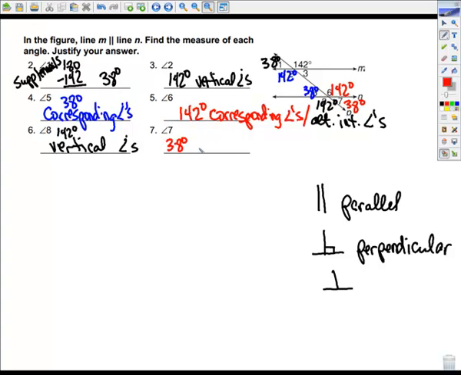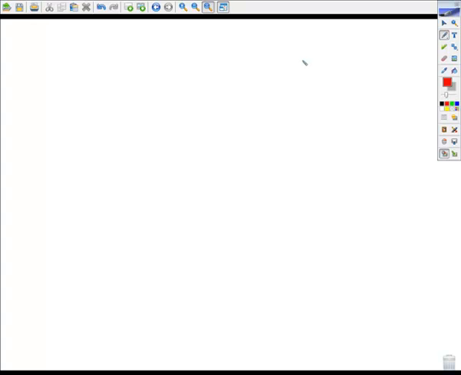And angle 1 and angle 7 are alternate exterior angles. And again, I don't care what rule you use as long as it is correct. So you need to make sure that you use a correct rule, but you could have more than one possible answer for this. All right, that is it as far as the notes go.